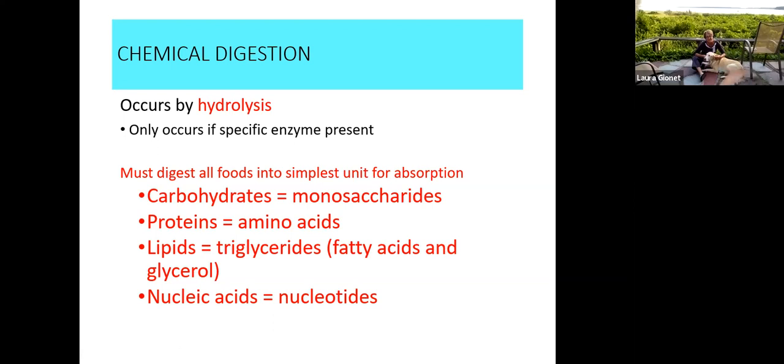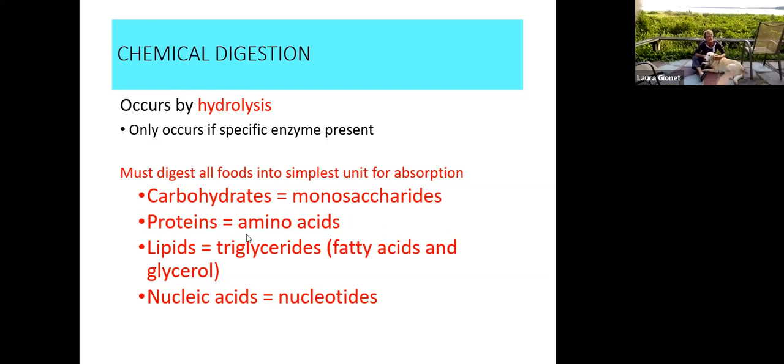And so, when we looked at the organic chemistry portion of A&P1, like the second chapter, we looked at not only the inorganic things, but the organic families of carbohydrates, proteins, lipids, and nucleic acids. And we looked at the building blocks, the intermediate molecules and the macromolecules. Well, it's important to understand that those building blocks are the molecules that we can absorb. Anything larger than that, we can't absorb.